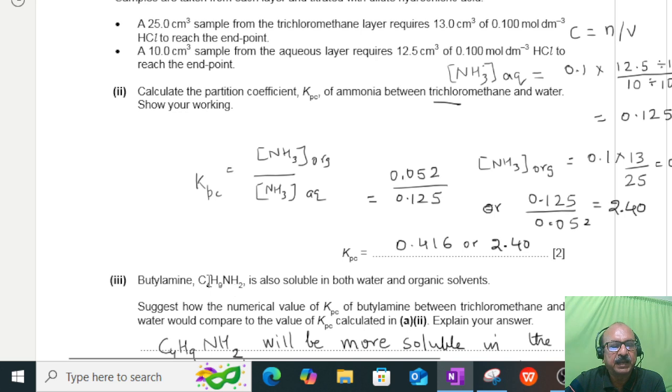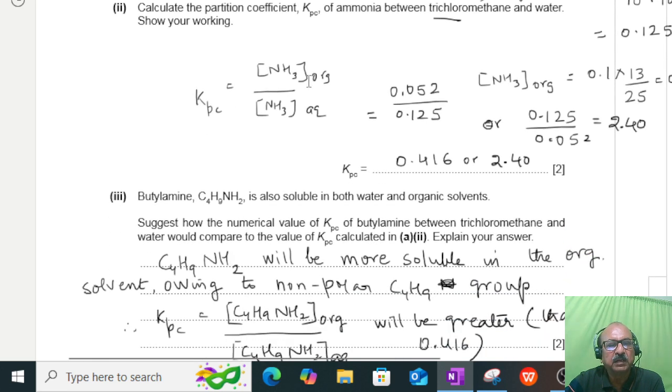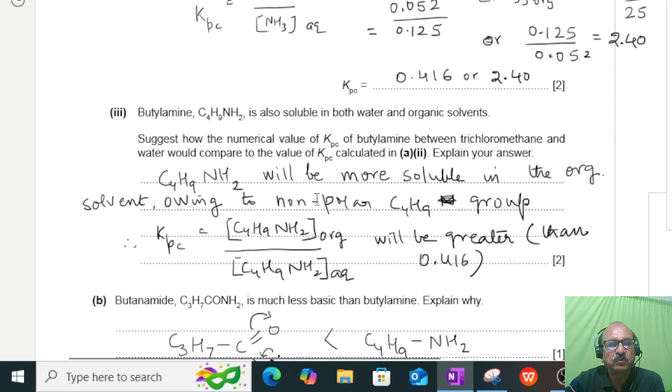Now butylamine has more of this hydrocarbon part, C4H9. This is non-polar, and therefore it will be more soluble in the organic solvent, because this is also organic. That means the numerator would increase, therefore the value of Kpc would also increase, and this will become greater than 0.416. That's the answer.